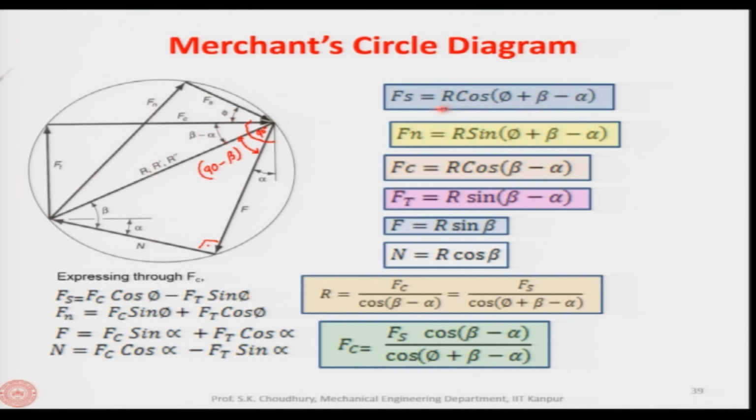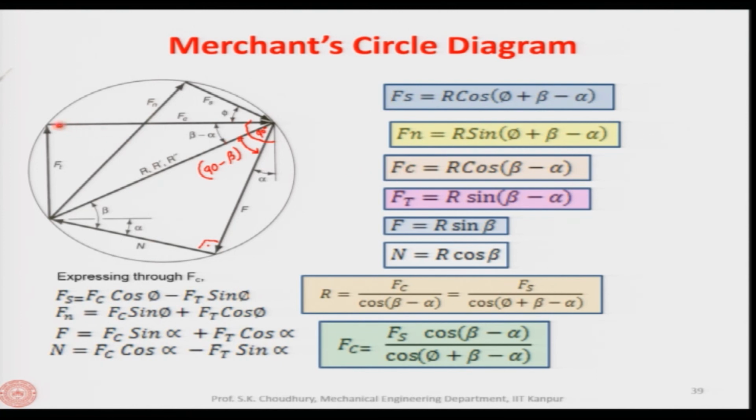This is what is shown here: Fs is equal to R cos of this, and Fn, which is perpendicular to that, will be R sine, because it is perpendicular, and the angle will be the same, phi plus beta minus alpha. So, Fs and Fn we have determined analytically. What I mean is that if R is known, and these three angles are known, then Fs can be found out.